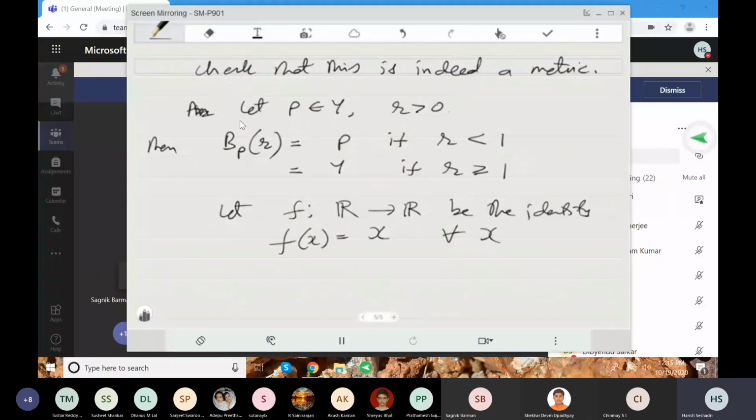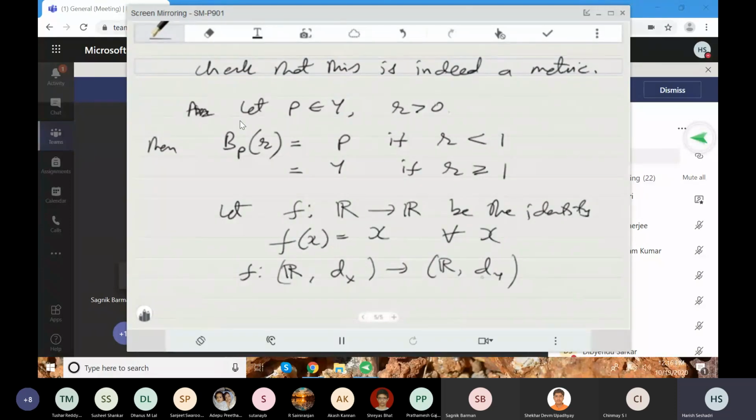f of x is just x. Of course, this is continuous if I regard it as a function with respect to dx, which is the absolute value function, and dy.